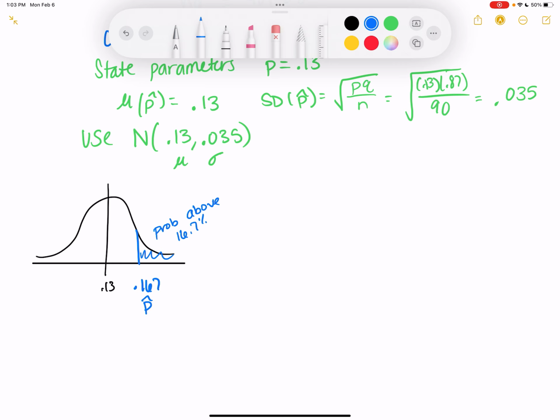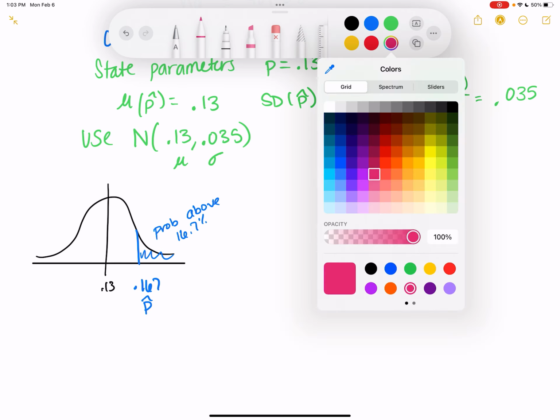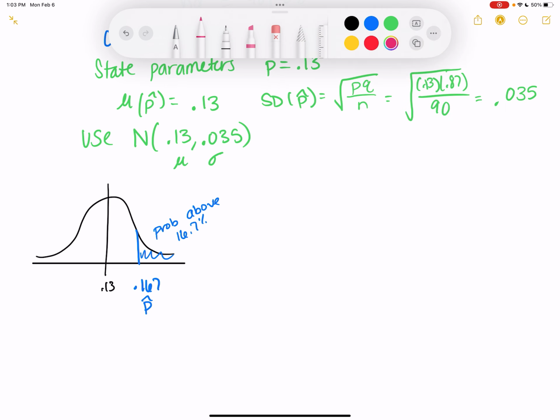There's a formula that you're going to need just in general. I don't know if it's going to get written anywhere else, so I'm going to emphasize it here: Z is equal to P hat minus P divided by the standard deviation of P hat.